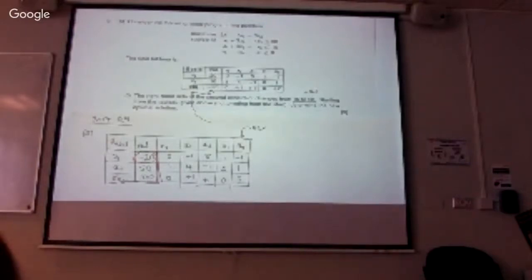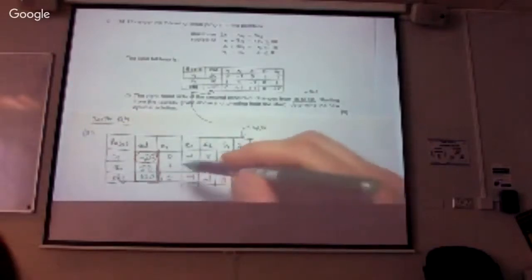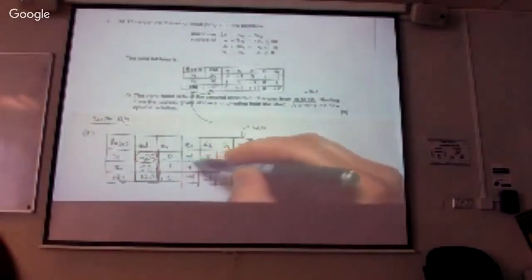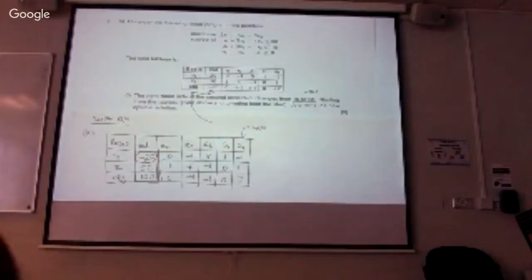So what's the process to determine where you dual pivot? You go through the ones in that row, divided by the ones in the objective.